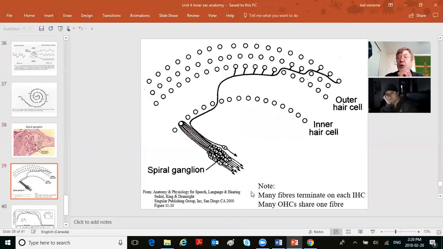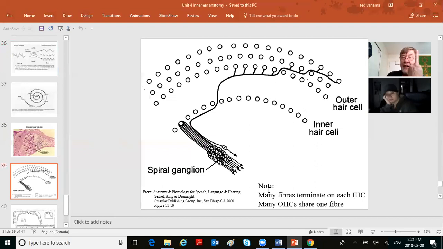This is a picture showing you inner versus outer hair cells and how spoiled the inner hair cells are. 10 eighth nerve fibers are connected to each inner hair cell. So you see that? One inner hair cell has got 10 fibers with 10 cell bodies sending info along these arrows to the brain.